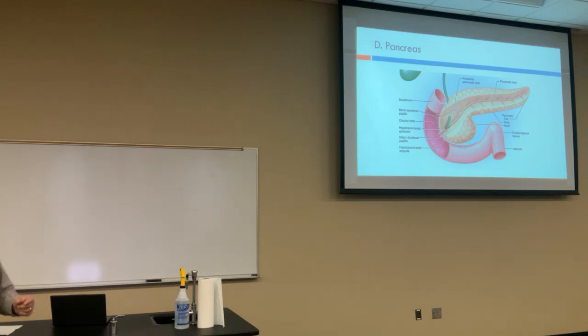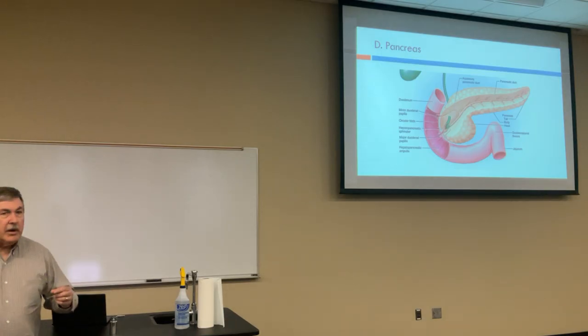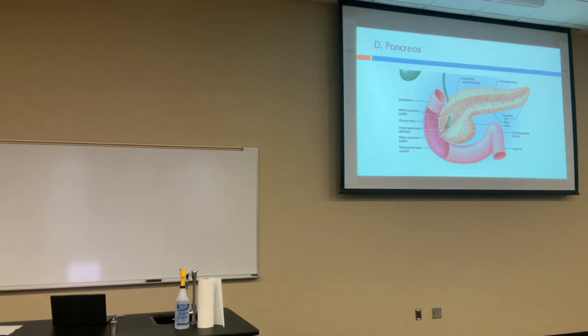Because early on in development, the pancreas actually develops from two outgrowths of the midgut of the embryo. There's one little outgrowth of the midgut, which eventually becomes part of the duodenum. There's one on the dorsal side called the dorsal pancreatic rudiment. And there's one on the ventral side called the ventral pancreatic rudiment.